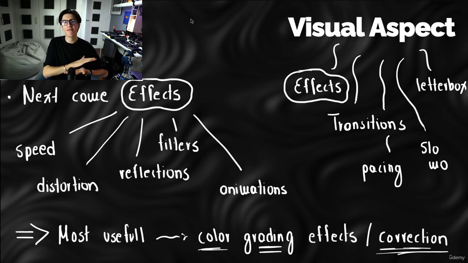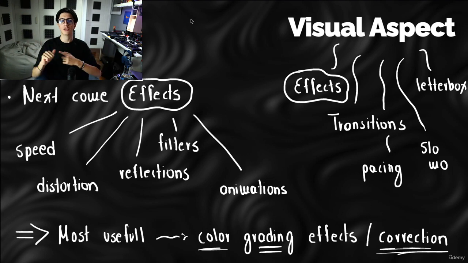After we're done with the first layer of B-roll editing, which is of course to import and paste our clips, we have the option to add effects. Now I want to make a huge explanation point here. Just because we have the option to add effects doesn't necessarily mean that we need to add effects. And you can pretty much add as many effects as you want to a clip.